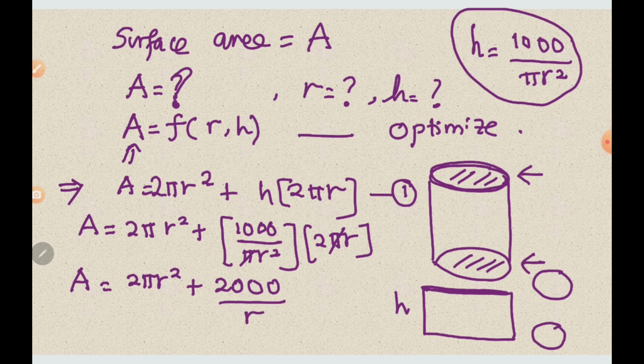Then we will simplify to get 2 pi r squared plus 2000 over r, which can be written as 2000 multiplied by r to the power of -1. You have to simplify because after this we will differentiate A with respect to r.